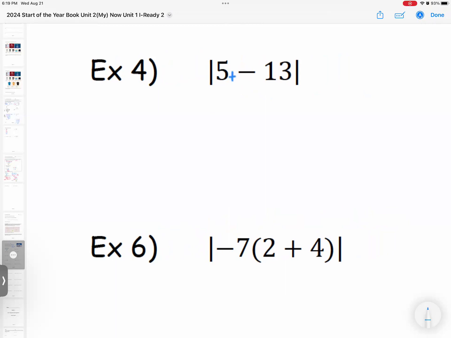Again, just reiterating, anytime you see a subtraction symbol, it's really a negative number that follows it. So 5 plus negative 13 comes out to be negative 8 in the absolute value. And the absolute value of negative 8 comes out to be just positive 8 in the end, because again, absolute value is the distance away from your 0 level.